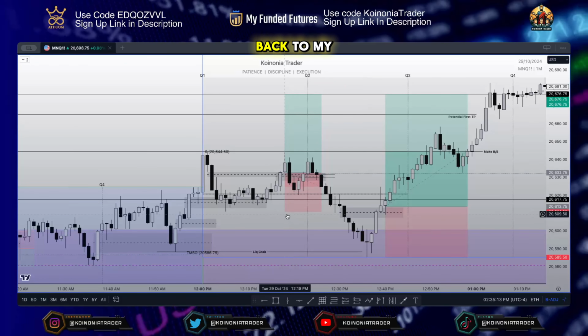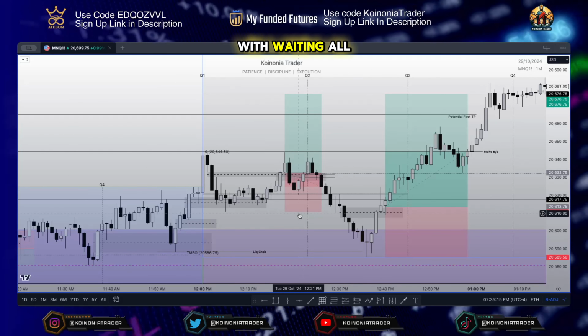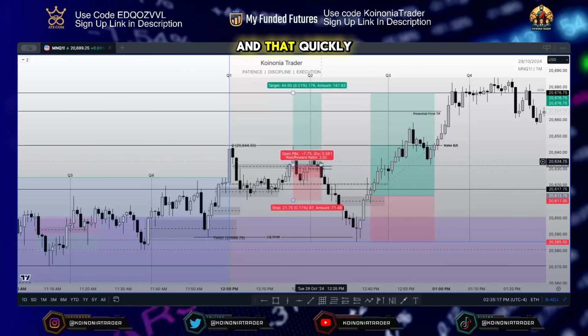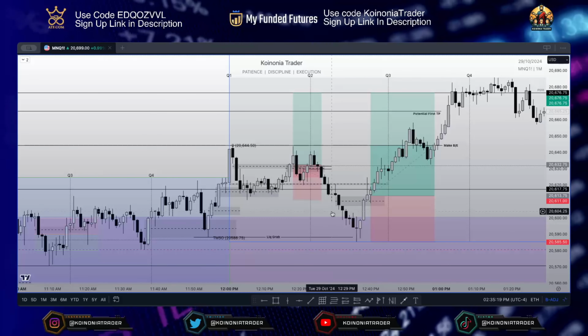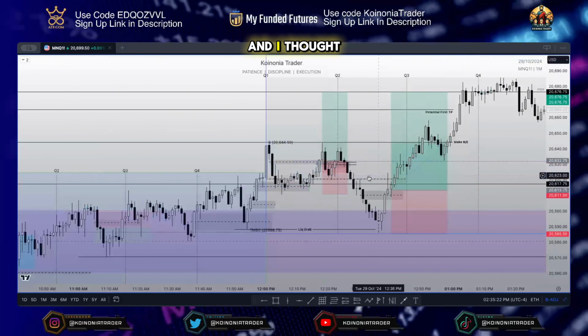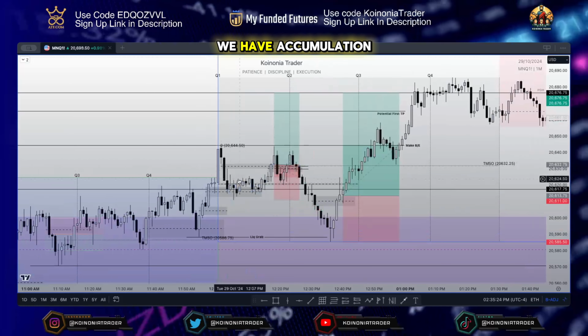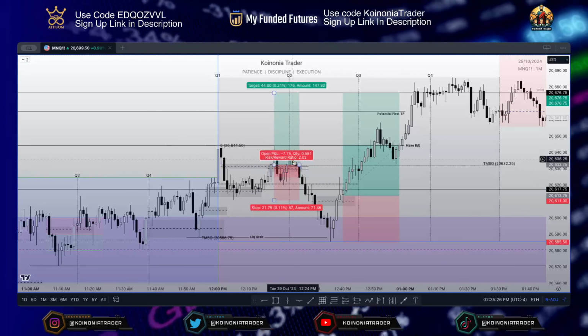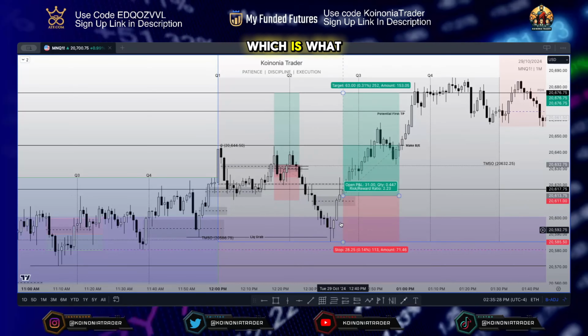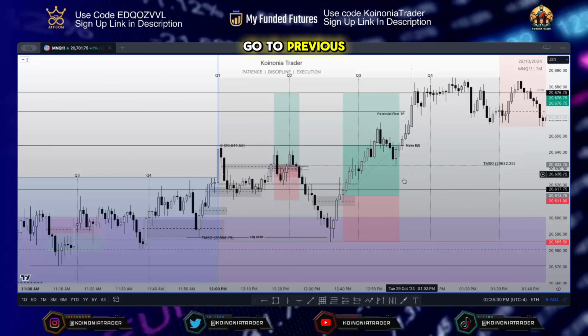I moved it back to my original because I was just fed up with waiting all day long, and that quickly got stopped out. So I waited, and I thought to myself, okay, we have accumulation here in Q1. Q2 is dropping, which is what I want if it's going to go to previous day high.